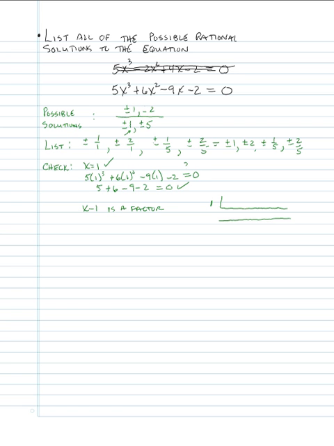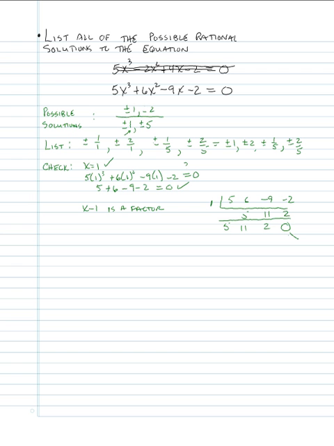If we write down our coefficients, 5, 6, negative 9, and our constant of negative 2, bring the 5 down. 1 times 5 is 5. 6 added to 5 is 11. 1 times 11 is 11. Negative 9 plus 11 is 2. 1 times 2 is 2. Negative 2 and 2 is 0.